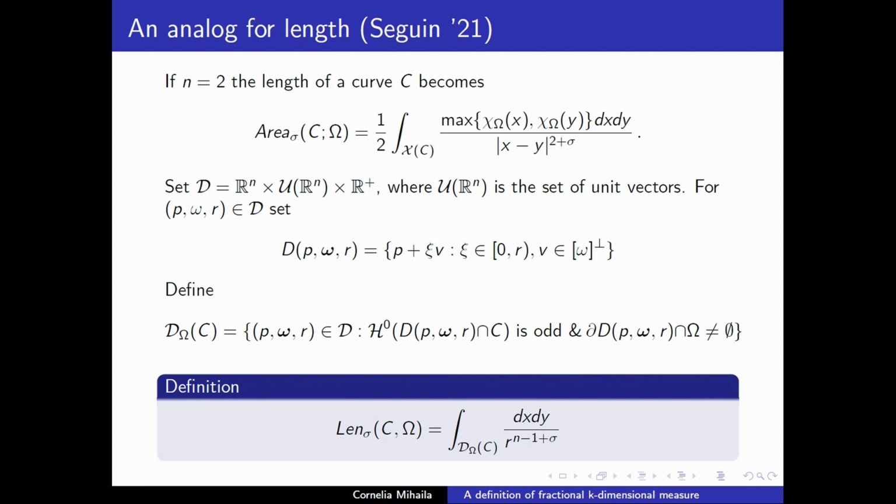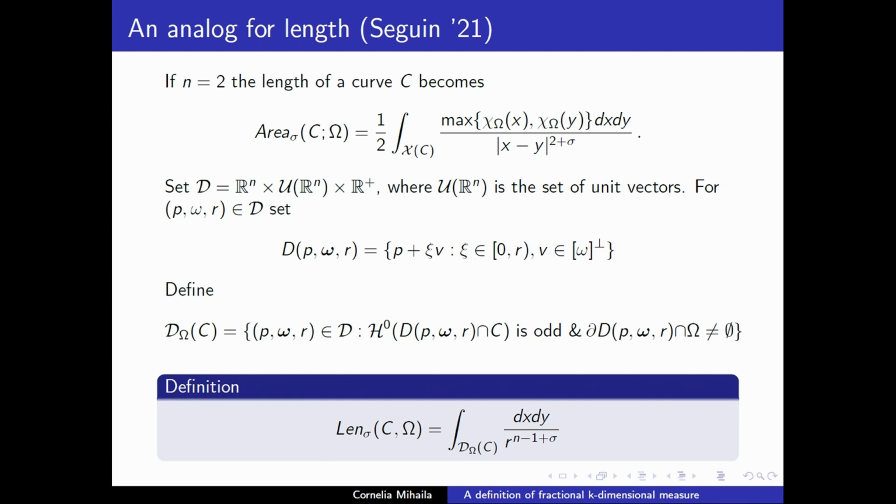And then the following function is my length, and it can be worked out that it corresponds to that area function that I had when I did my n equals 2 situation for hypersurfaces.